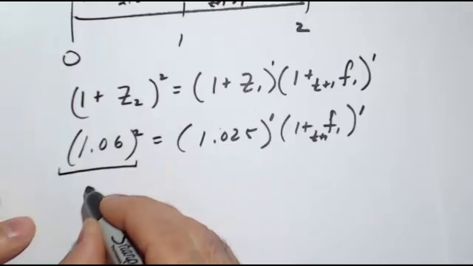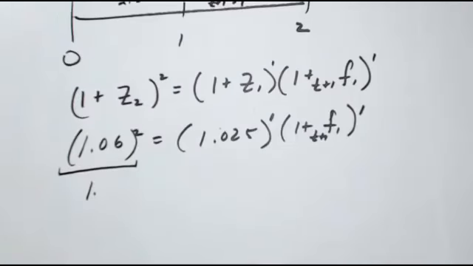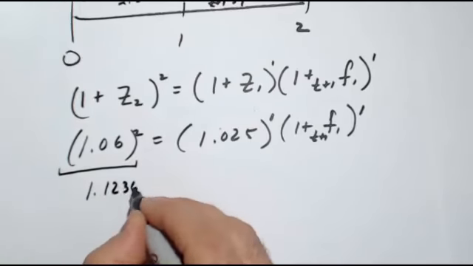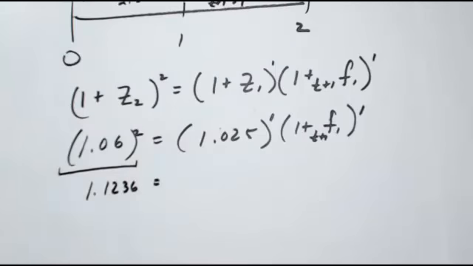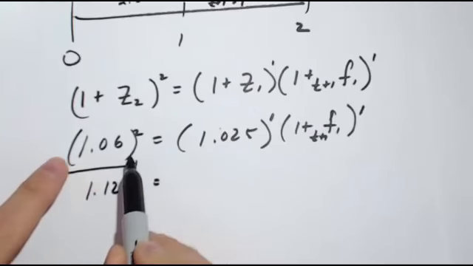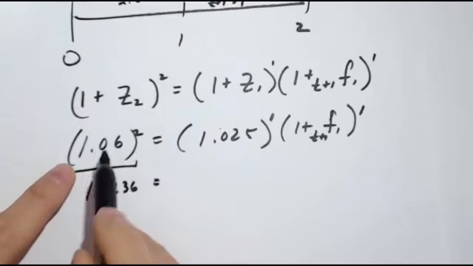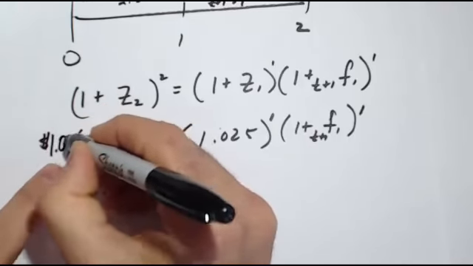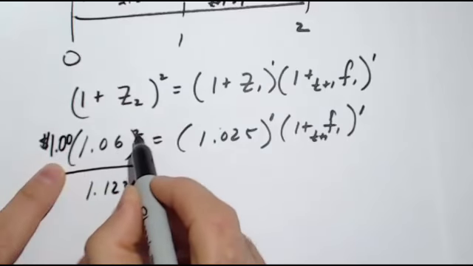That is going to be, I'll write that down here, 1.06 squared. That's going to be 1.1236. In other words, you can think of it this way. I'm saying, think of investing $1 here at 6% for 2 years.